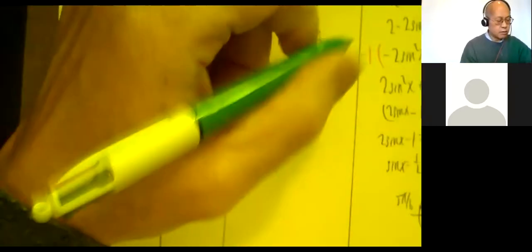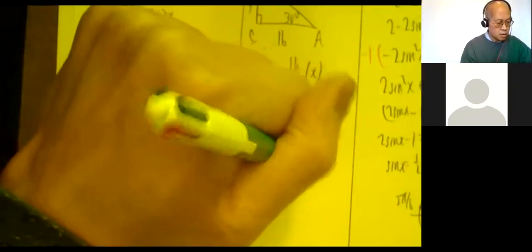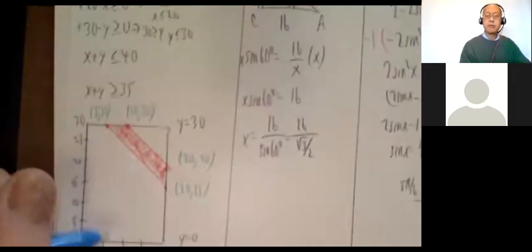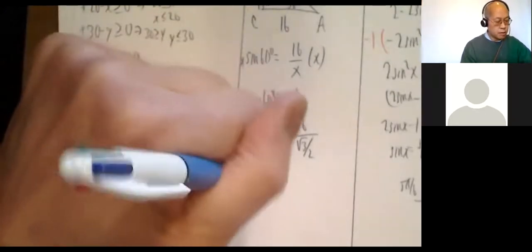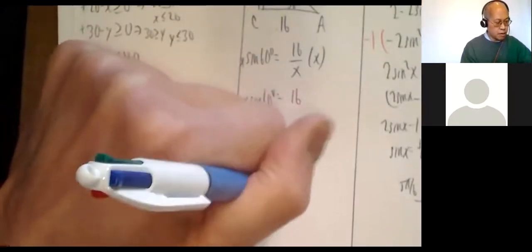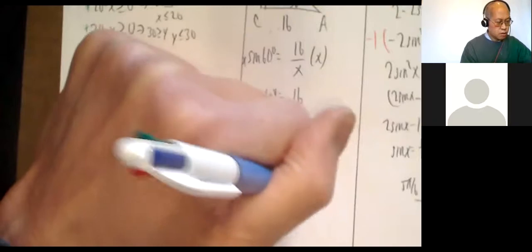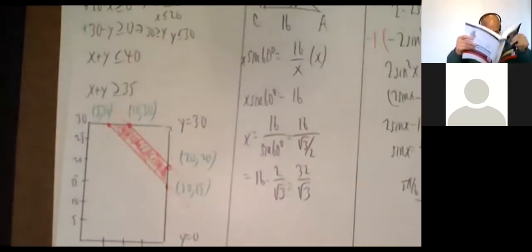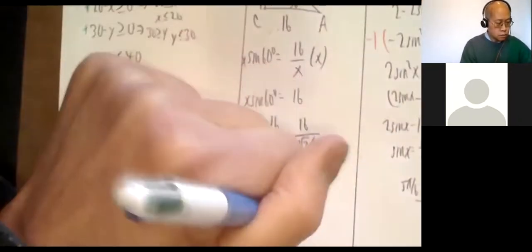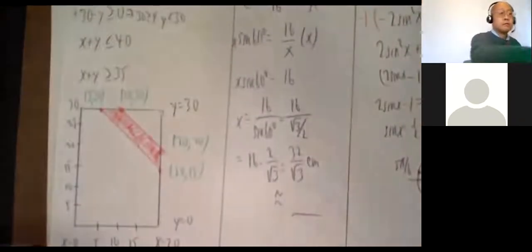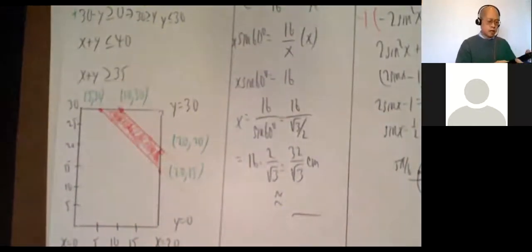Sine of 60 is radical 3 over 2. If you divide by a fraction, you multiply by the reciprocal: 16 times 2 over radical 3, which is 32 over radical 3. The units are centimeters. And if you want a decimal approximation, 32 divided by square root of 3 is 18.48.